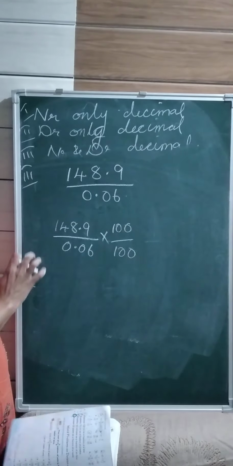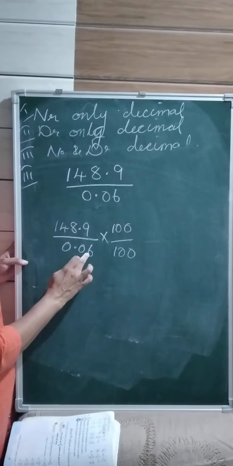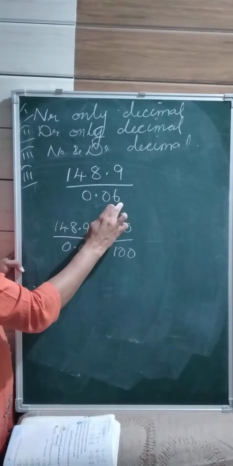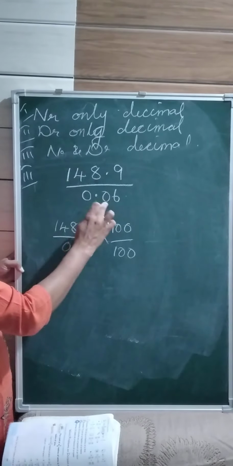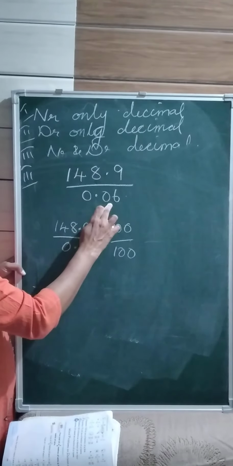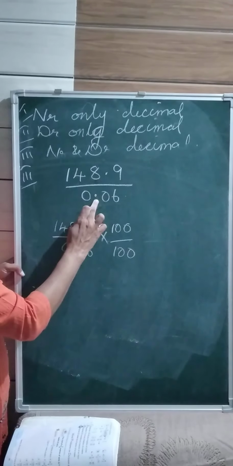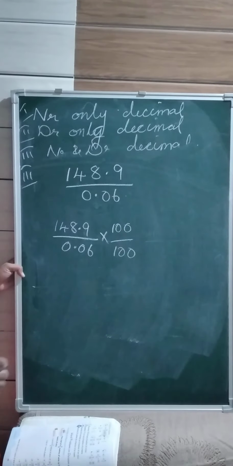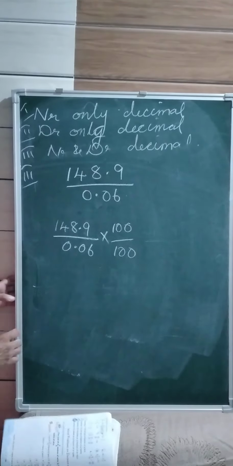Just count the decimal digits in the denominator. 0.06, 2 digits. So 100 we can multiply and divide.